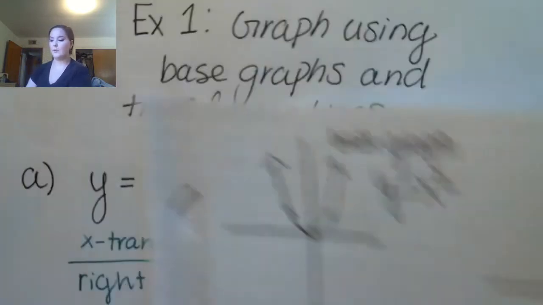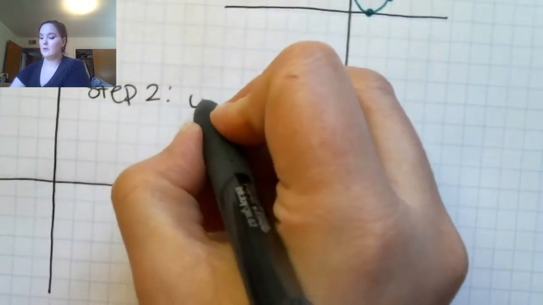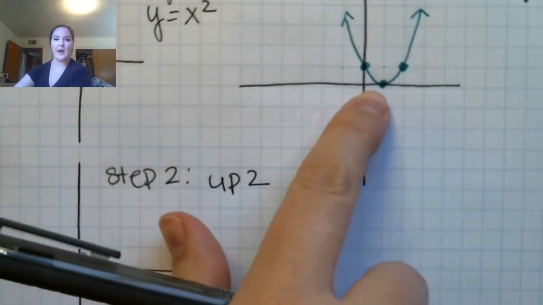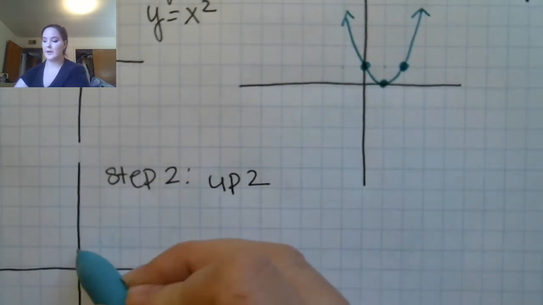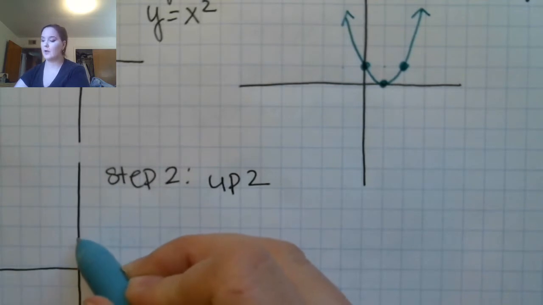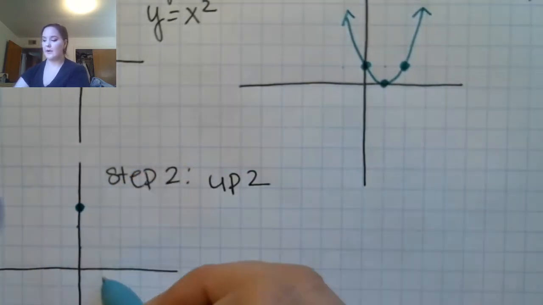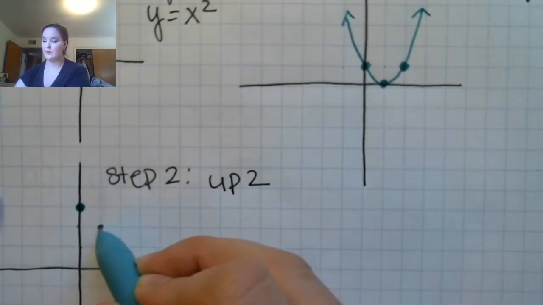And I'm going to do my second transformation, which is up 2. So I'm going to take this graph and I'm going to move everything up 2. So I'm going to take my key point that was here and I'm going to move it up 1, 2. I'm going to take my vertex key point that was here and move it up 1, 2.